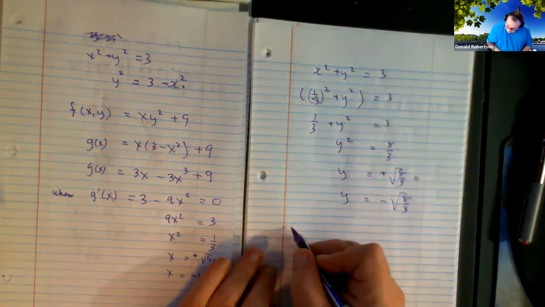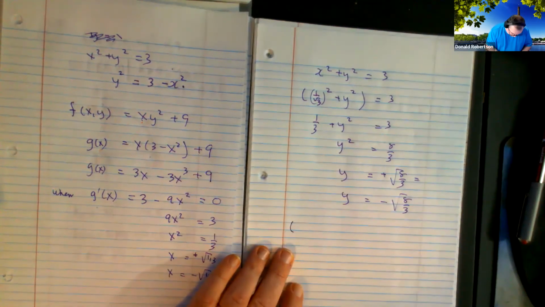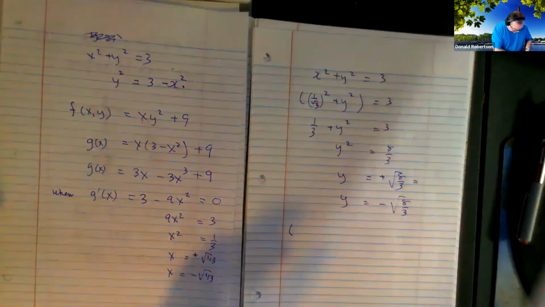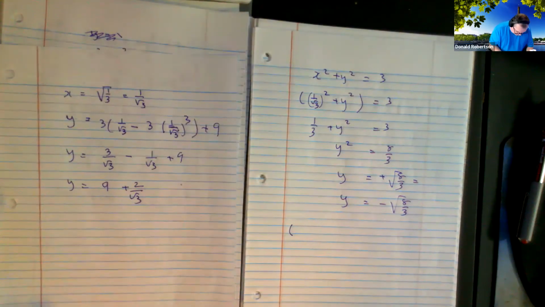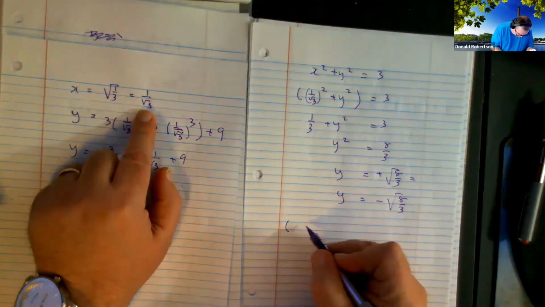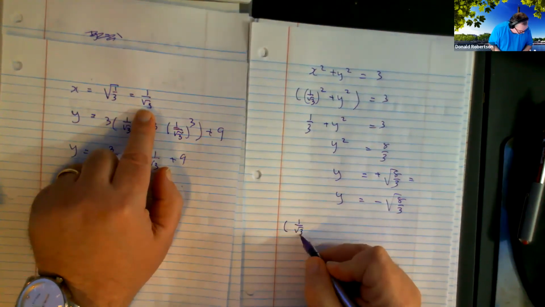So that means that we have to look at a number of possible points. And the x value we have is 1 over root 3.